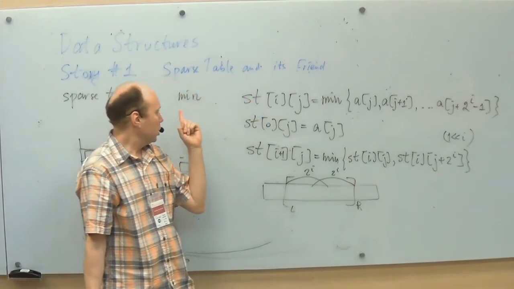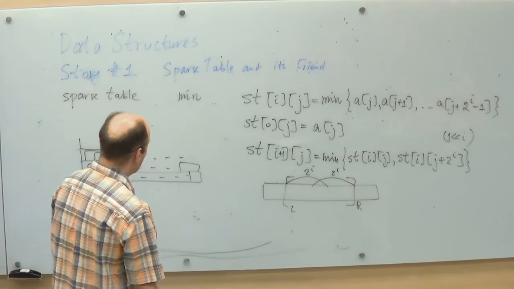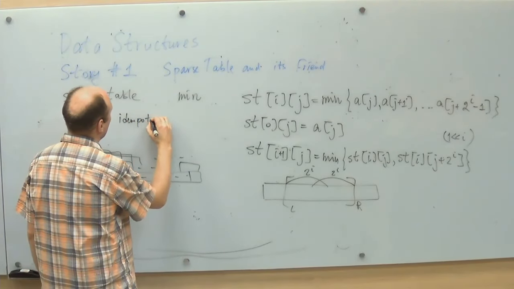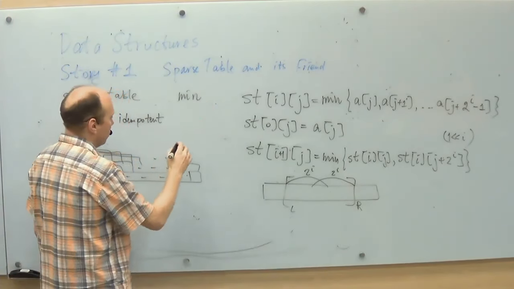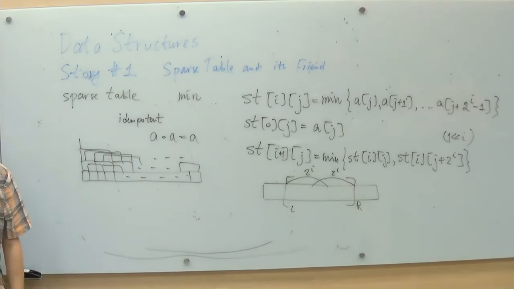But for our particular operation, minimum, it's okay. So we have a requirement for our operation. It must be so-called idempotent. That means that if we denote our operation as a small circle, A circle A must be equal to A. So minimum is okay. For example, greatest common divisor is okay. Or for Boolean values it is okay. Some other operations like plus or multiplication are not okay.